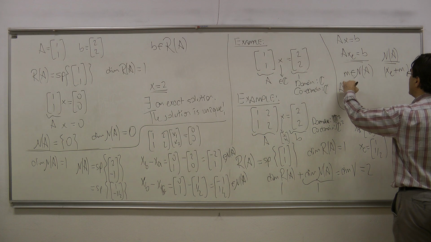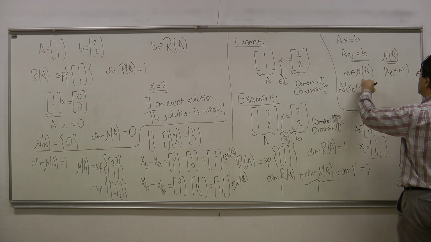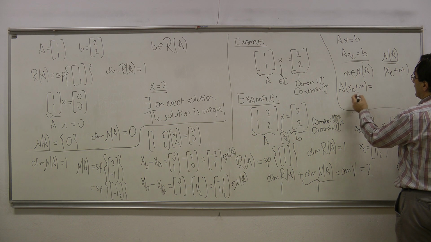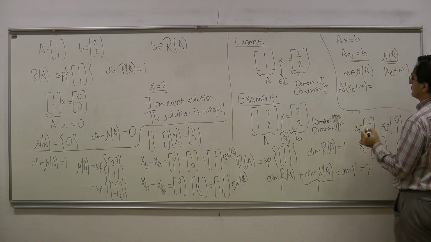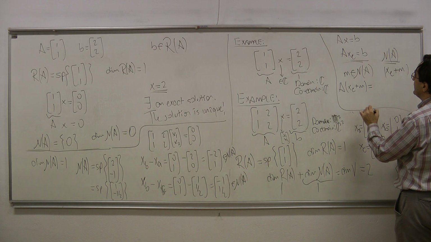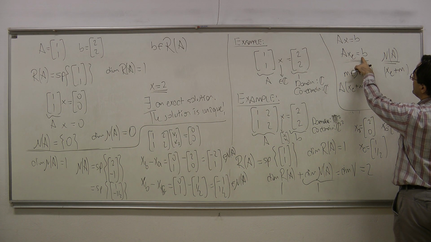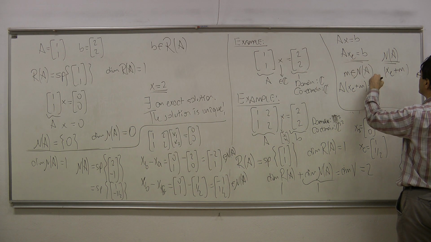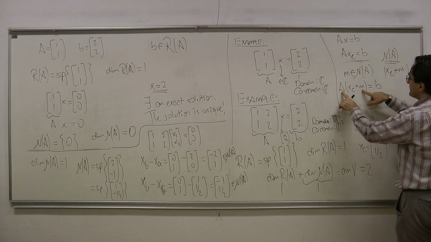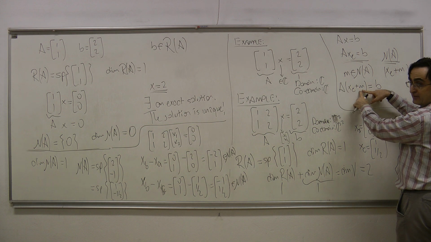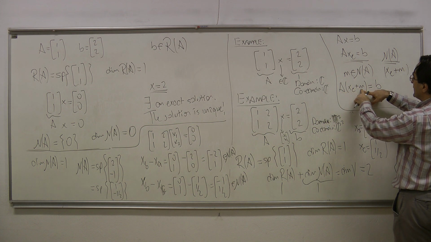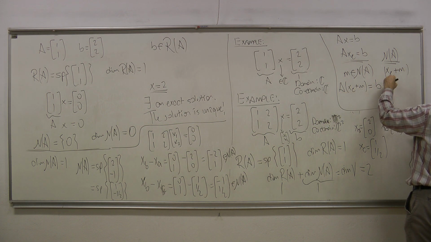A times XE plus M is equal to, I want this to be B, for this to be an exact solution. A times XE, but A times XE is B, because XE is an exact solution, and plus A times M. But M is inside the null space, okay? So A times M is equal to 0.